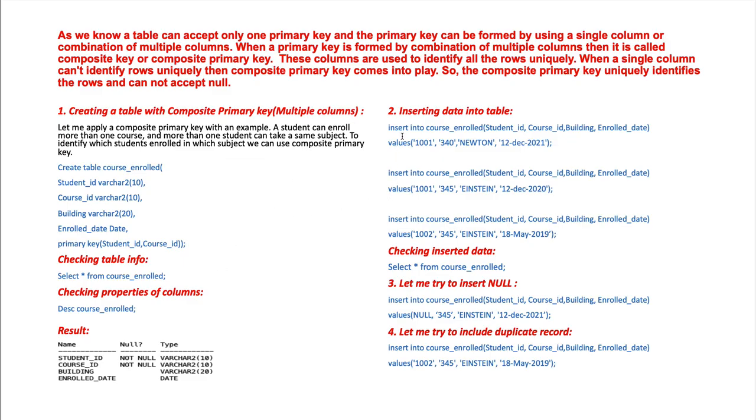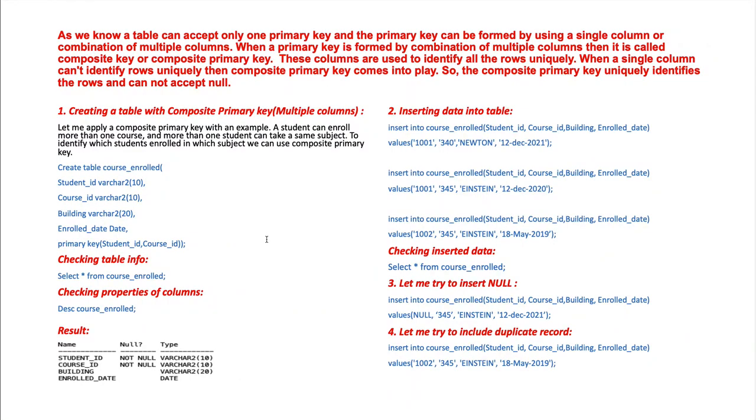In second step, inserting data into the table. Third step, I am going to check whether it can accept null value or not. And fourth step, I am going to insert duplicate record into the table and identify whether it can accept duplicate records or not.